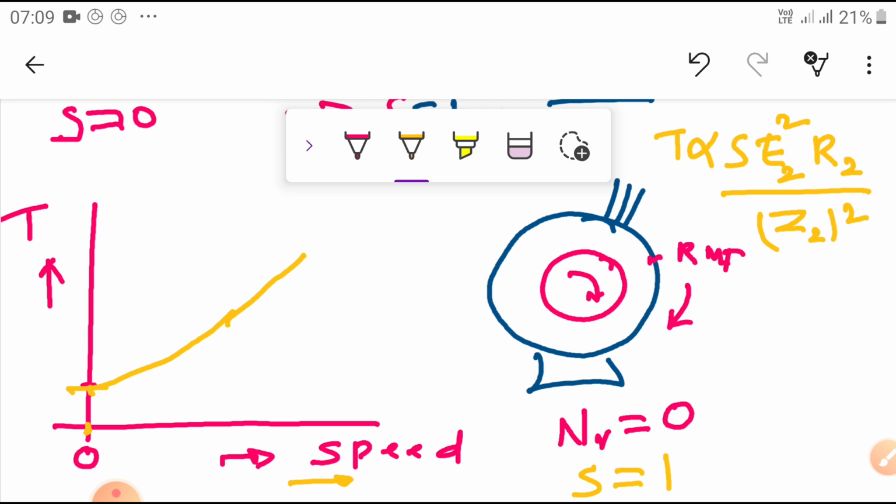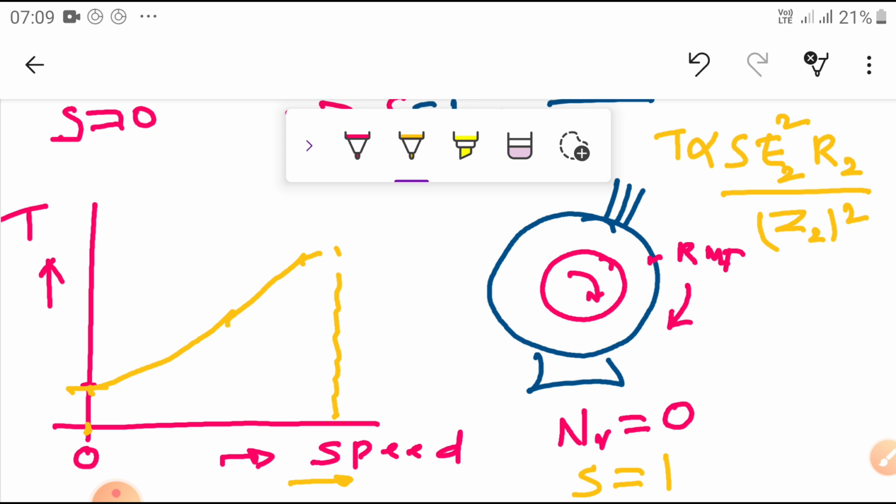The torque is a measure of how much a force acting on an object causes that object to rotate. The object rotates about its axis. Now, the torque goes on increasing up to one stage, up to one speed.